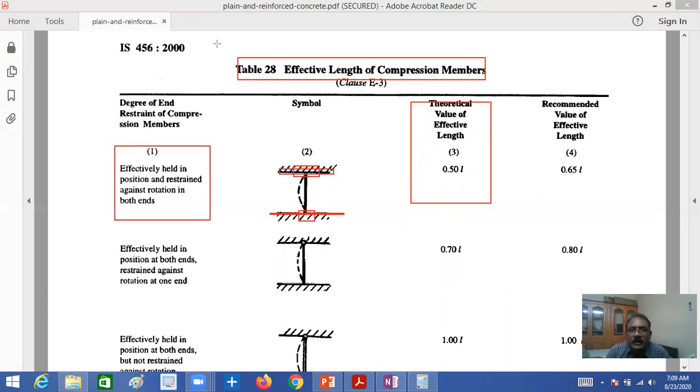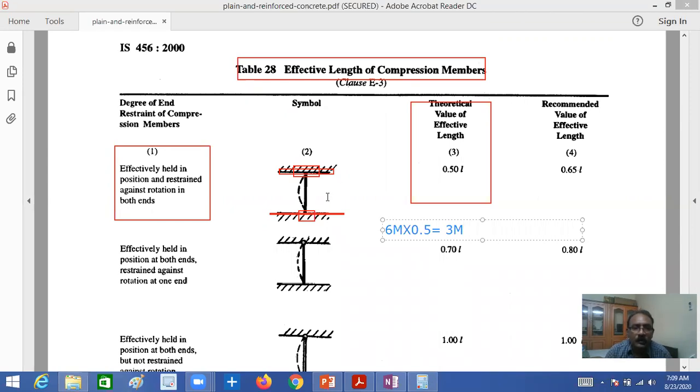If 6 meters is your unsupported length, multiplied by 0.5, you will get 3 meters. So the effective length here becomes half of your unsupported length.